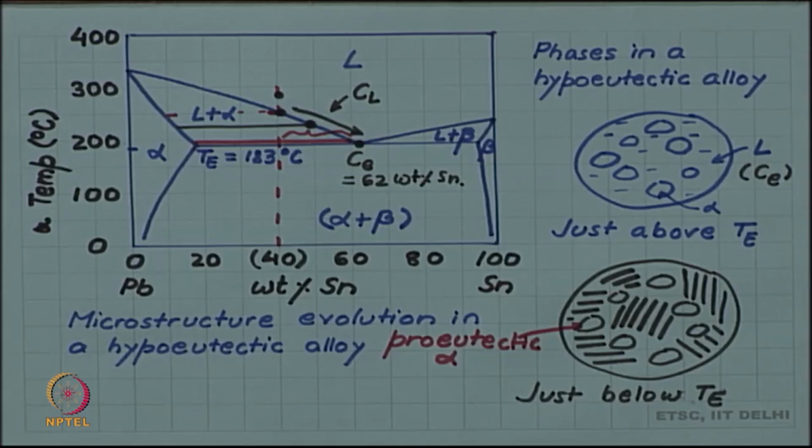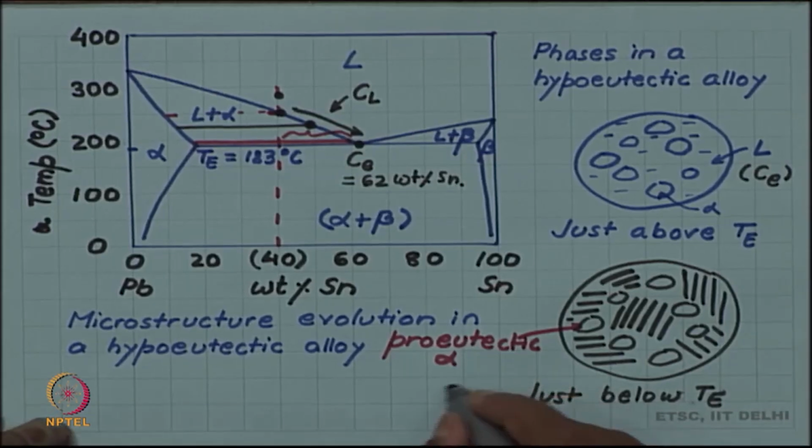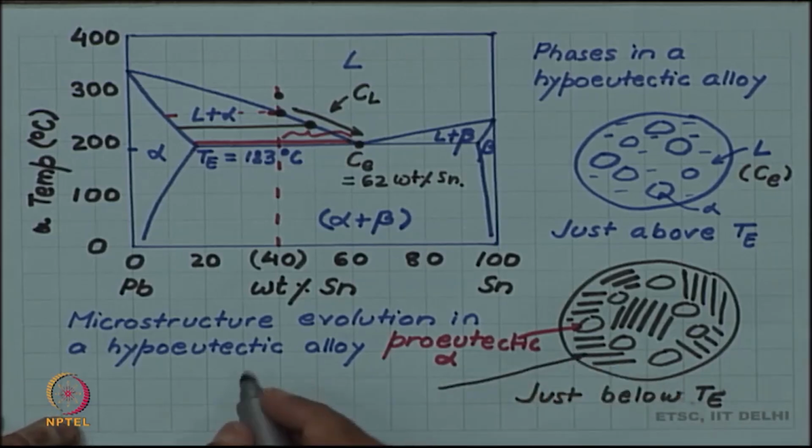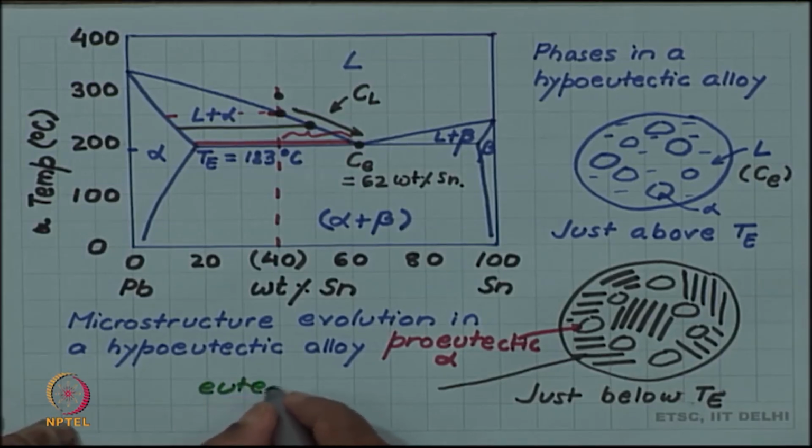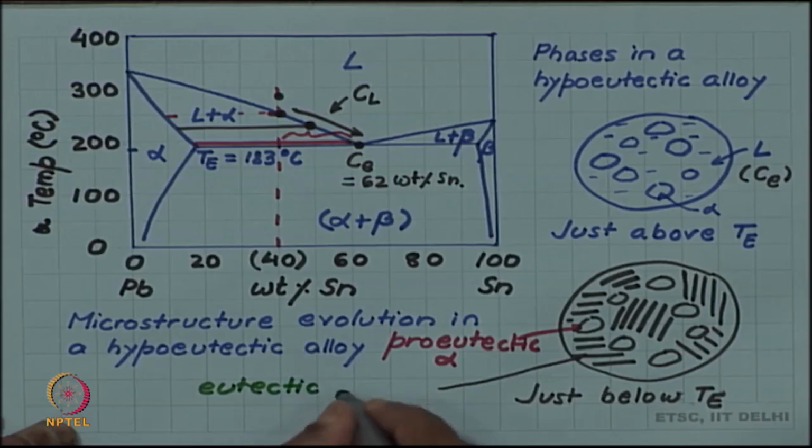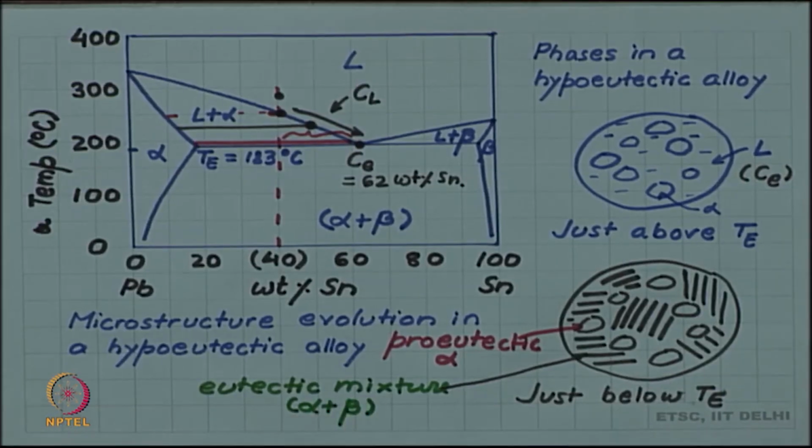And the remainder of the alloy, this region, is eutectic mixture, alpha plus beta. So, the pro-eutectic alpha and the eutectic mixture are the two microconstituents of the alloy.